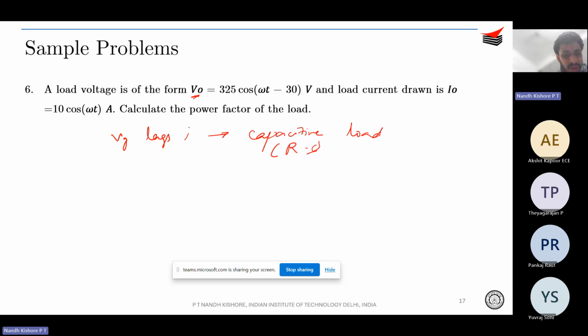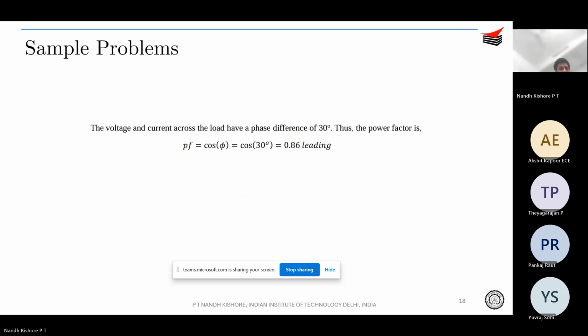And what is the power factor? Power factor will be cos 30 leading, since current is leading, or voltage is lagging. So cos 30 leading, or root 3 by 2 lead.